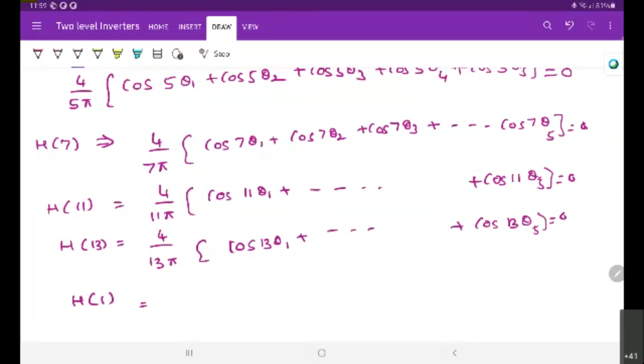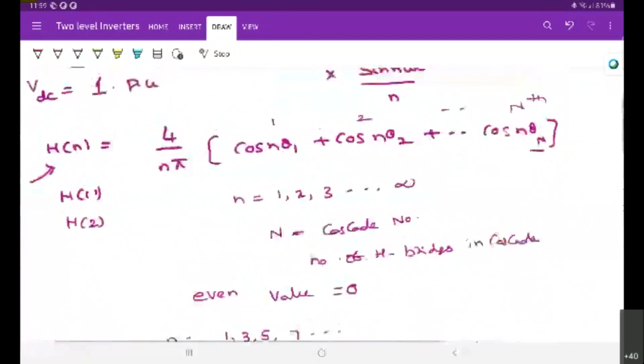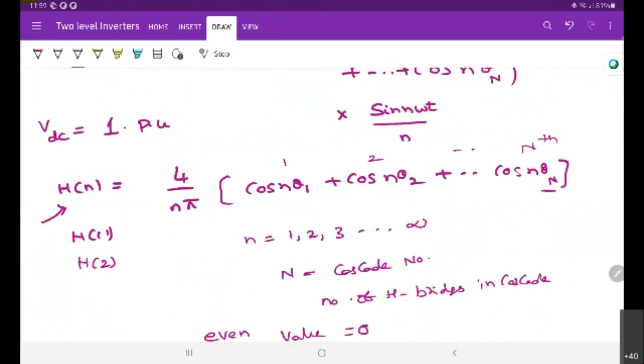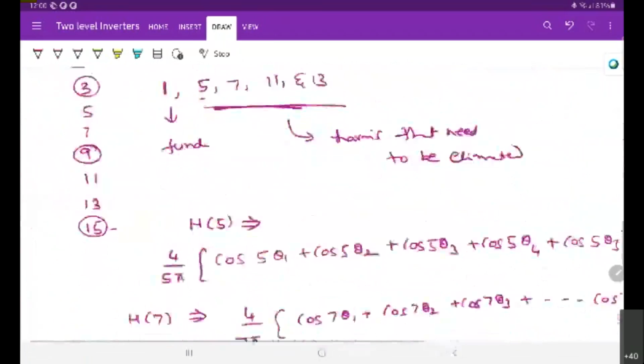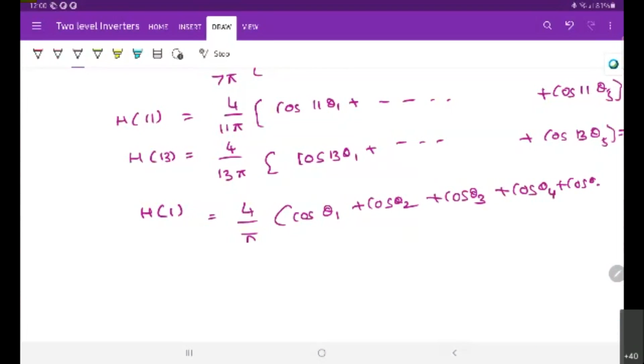The fundamental is 4 by pi into cos theta 1 and so on. So we have 4 by pi times cos theta 1 plus cos theta 2 plus cos theta 3 plus cos theta 4 plus cos theta 5.